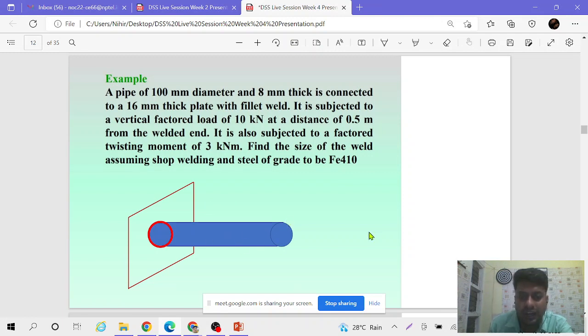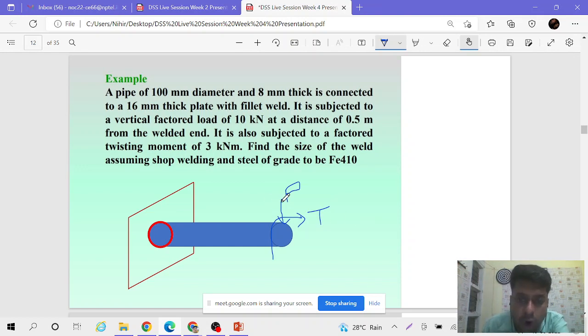Yes, sir. In this example we saw that there is one load P acting here, and with this there is one twisting moment T acting here. So this was the case.